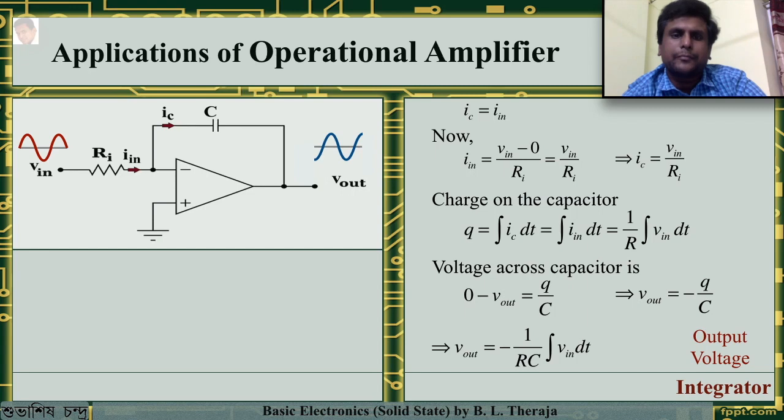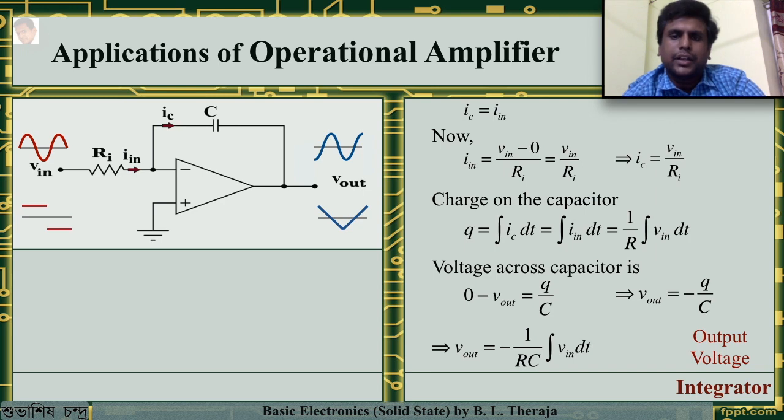We'll look into a very special case where we provide a steady voltage. As you can see, if you provide a steady voltage like this, the output is a downward ramp. That is, with passing of time, the output decreases from a maximum to a minimum value. If you have a negative steady input voltage, then you get a positive going ramp.